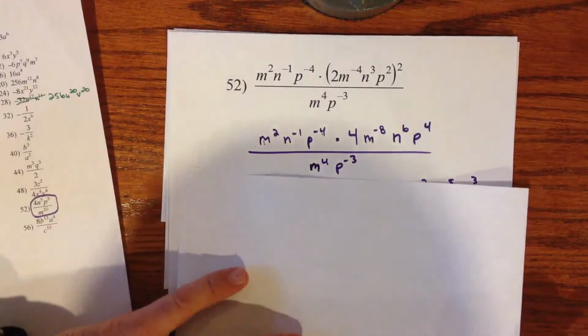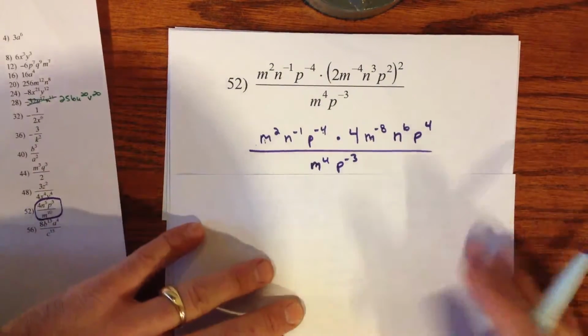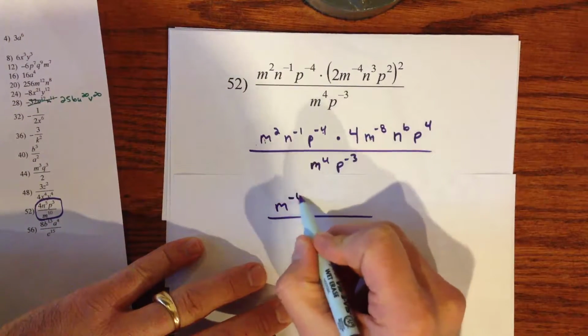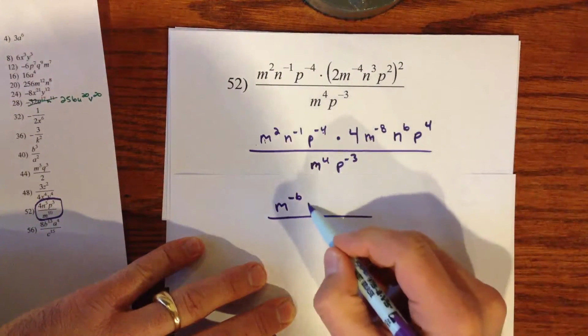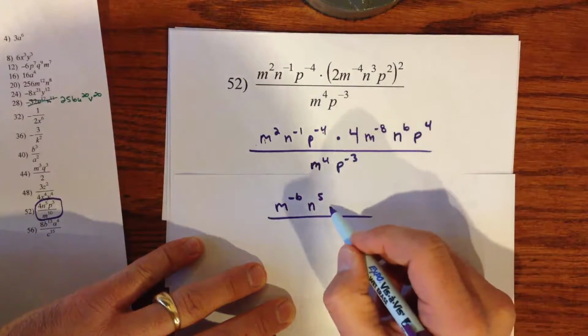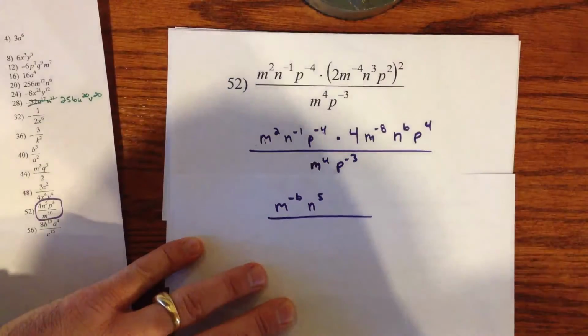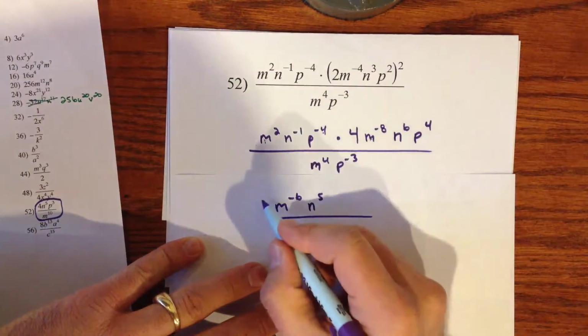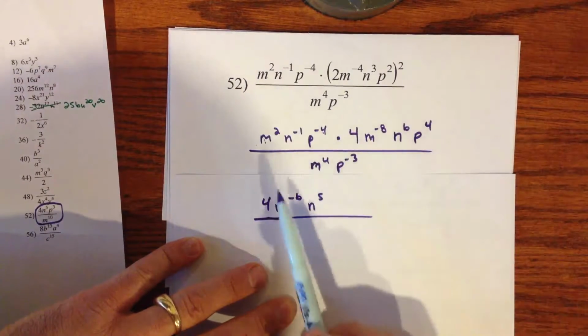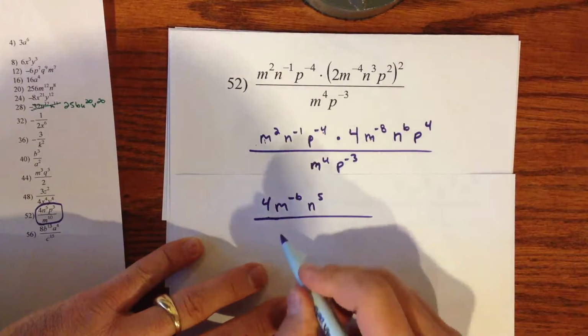So at this point, let's just redo this. I should have m to the negative 6th power. That was my mistake. N to the 5th, and then p to the 0 is 1. If you don't believe me, check your calculator. So that top simplifies as that.